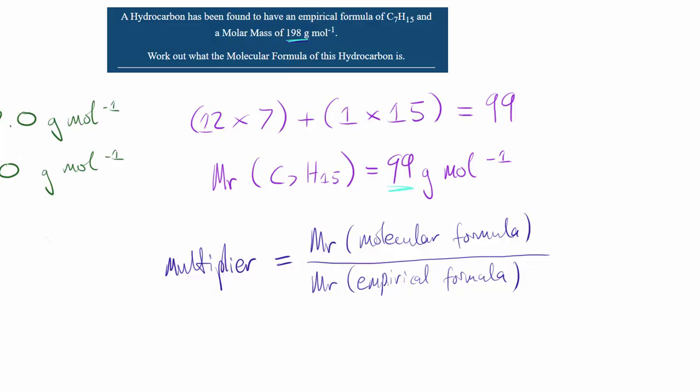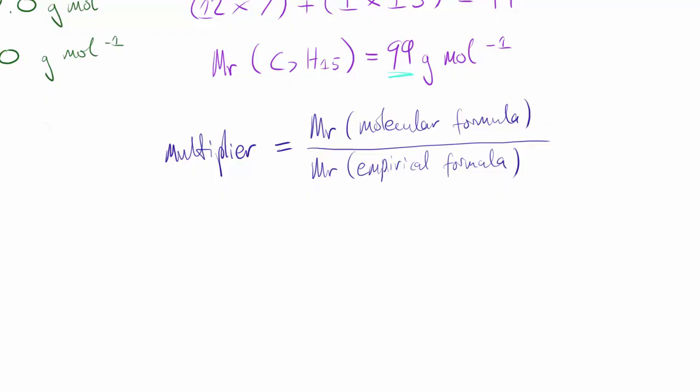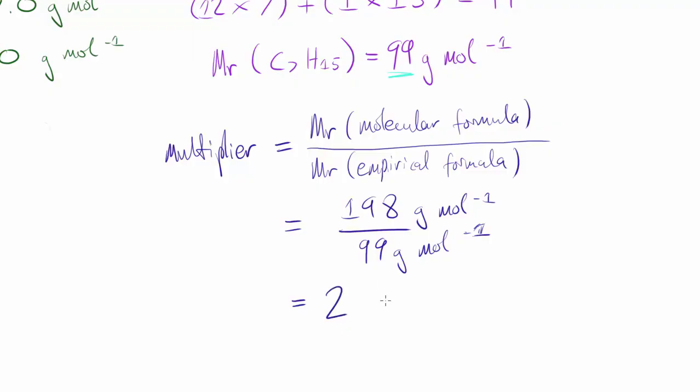So the multiplier equals 198 grams per mole divided by 99 grams per mole. If you work that out, you should find that it gives you a multiplier of 2. So the multiplier is 2x.